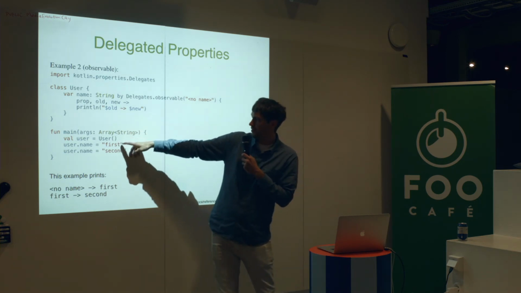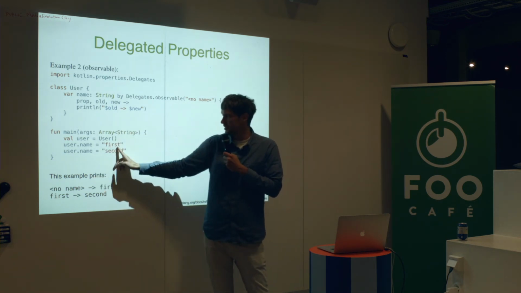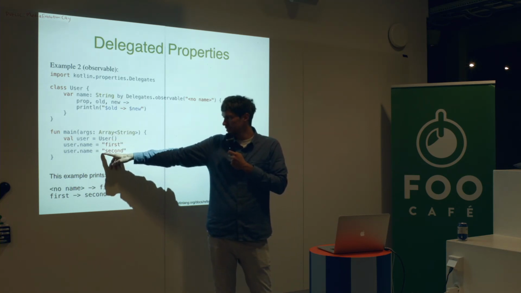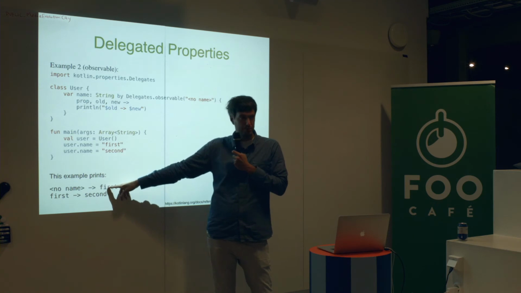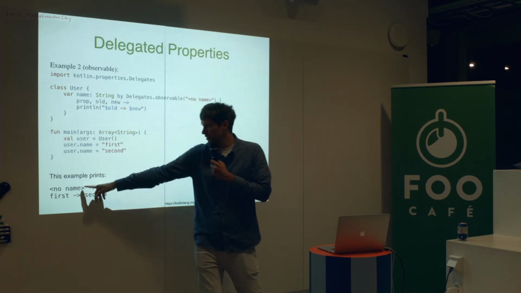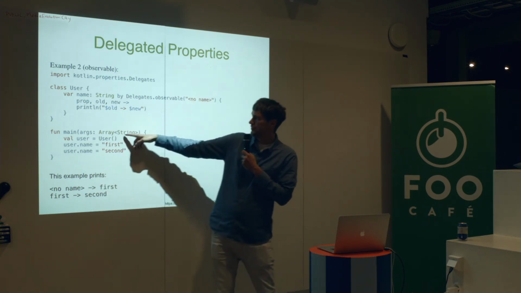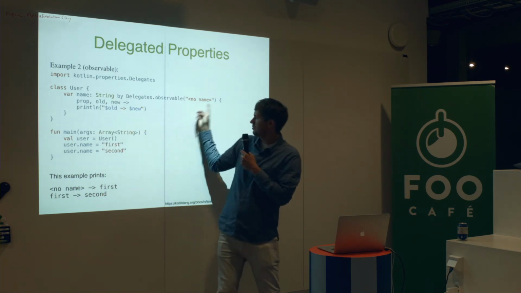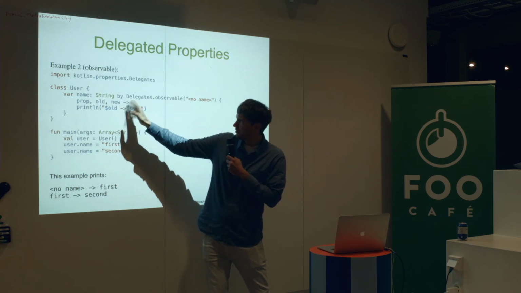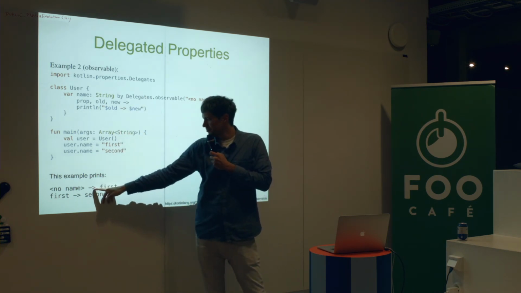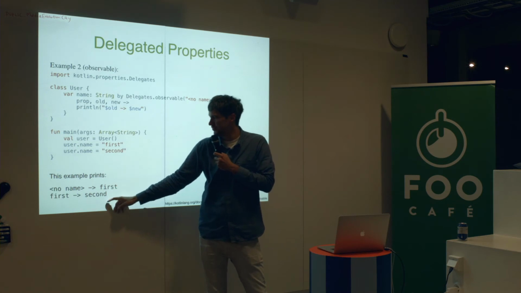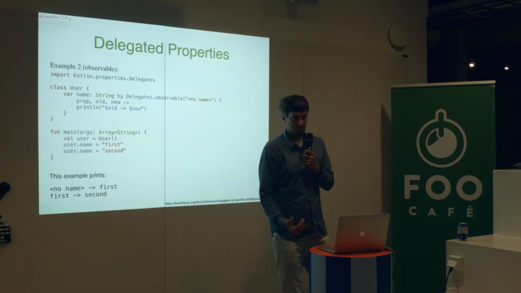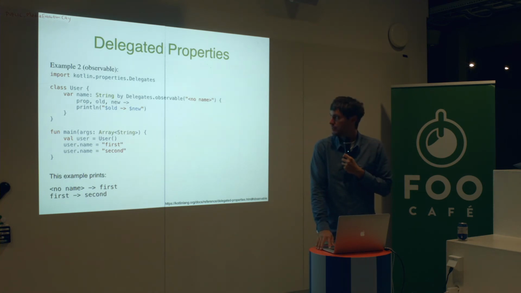So if we now create a new user, we set the name to first, and then on the third line we set the name to second. This will be printed. First it will print no name, because first it's null name. So it will print no name, then an arrow, and then first. And then it will print first to second. So that can be quite handy.